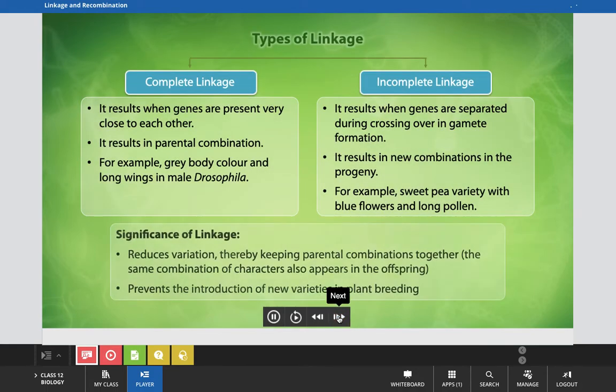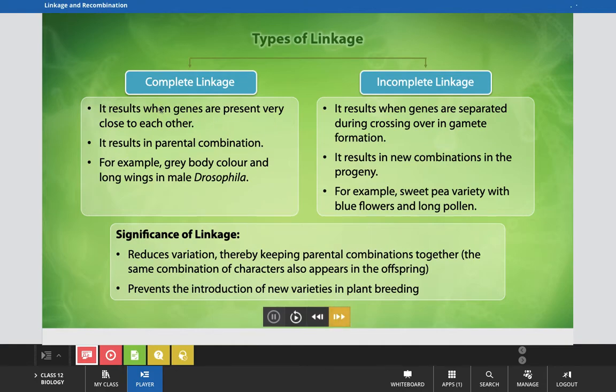Now, types of linkage. There are two types of linkage: one is complete linkage and another is incomplete linkage. Have a look at this chart to compare these two types.